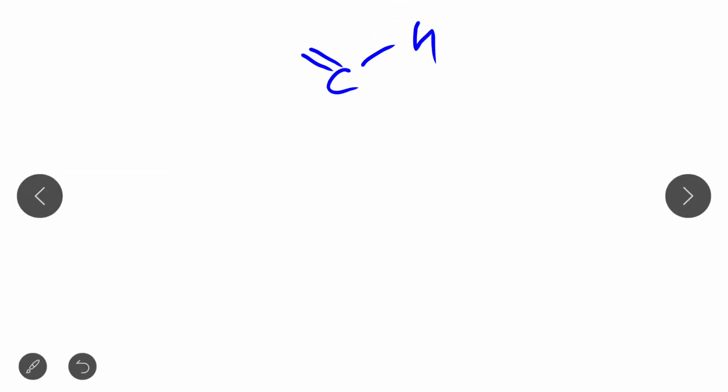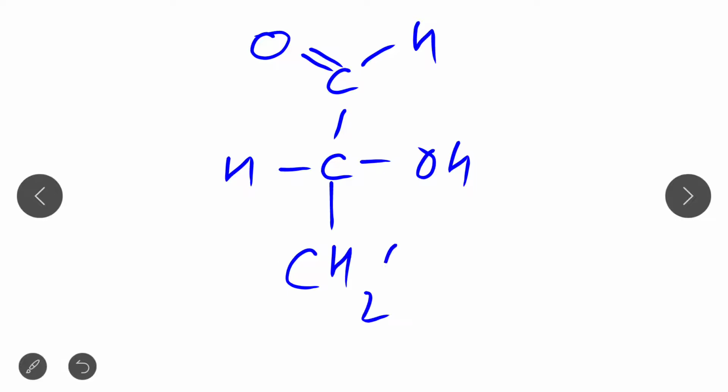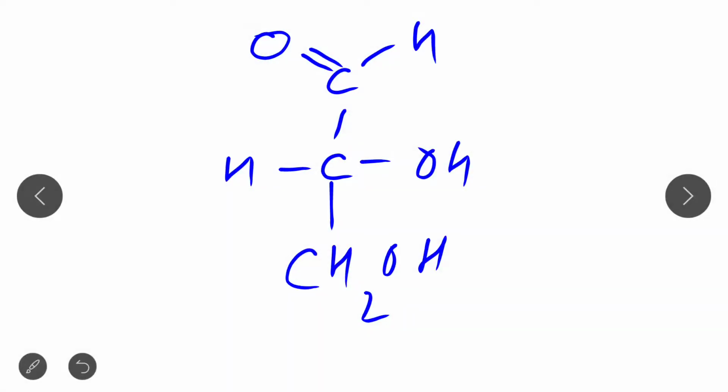First of all, it is an aldehyde, CHO. The second is CHOH, and the third is CH2OH. So this is the structure of glyceraldehyde, and glyceraldehyde is the simplest monosaccharide, consisting of 1 carbon, 2 carbon and 3 carbon.